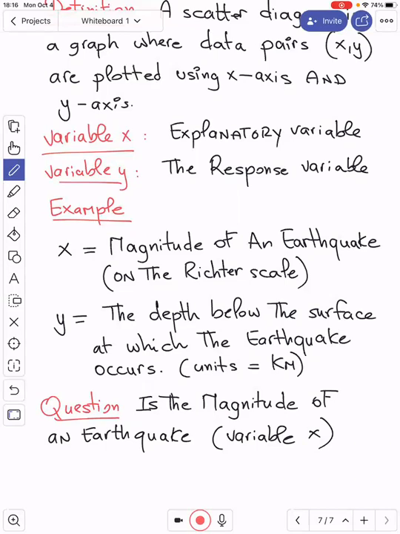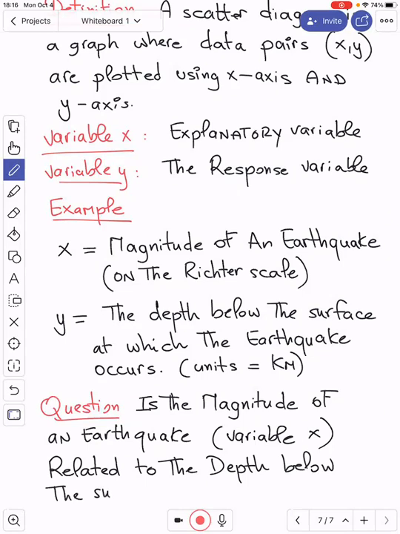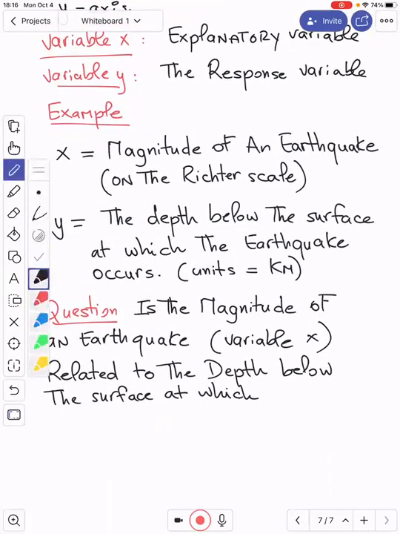So the question here is whether there is a relationship or connection between x and y. Is the magnitude of an earthquake related to its depth, to the depth below the surface at which the earthquake occurs?